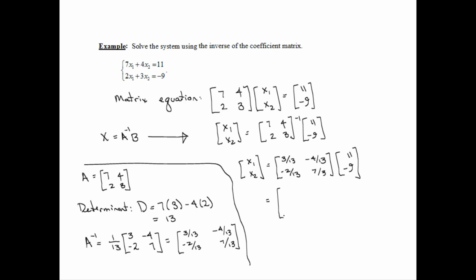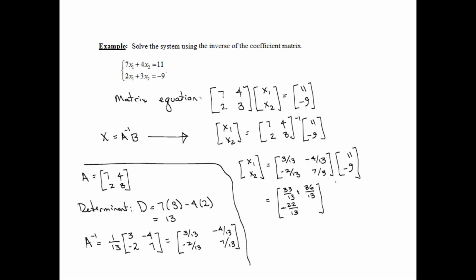Okay, so I'm going to get a column matrix. I'm going to get first row times first column, 3/13 times 11 will give me 33/13. Then minus 4/13 times -9 will give me 36/13. When I move to my second row times the column, negative 2/13 times 11 will give me negative 22/13.